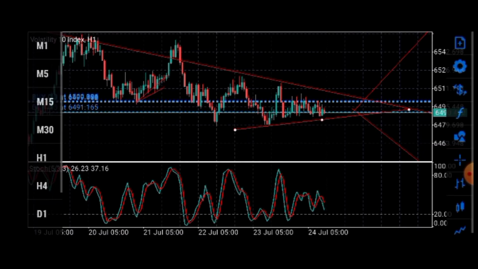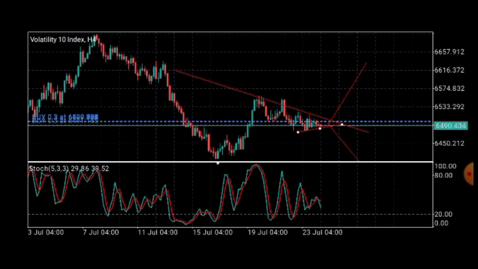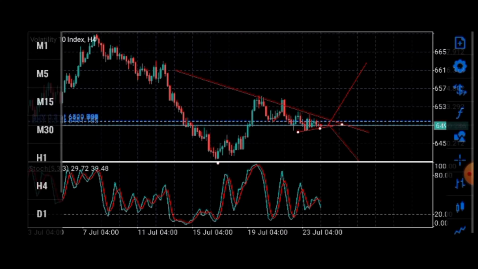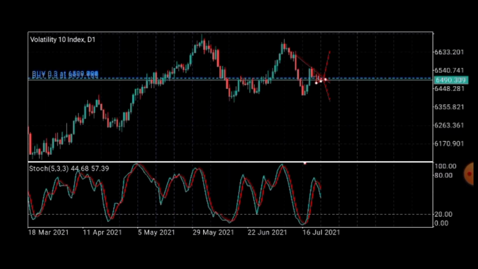So most times when I take my analysis in the bigger time frame and then go to the smaller time frame and place my trade, in most cases I could decide to go as far as taking a day time frame. Now look at this day time frame. Look at the analysis we did in 1 hour time frame.